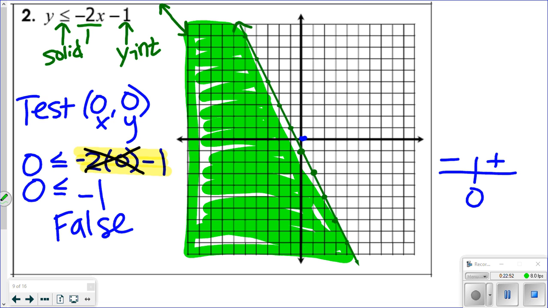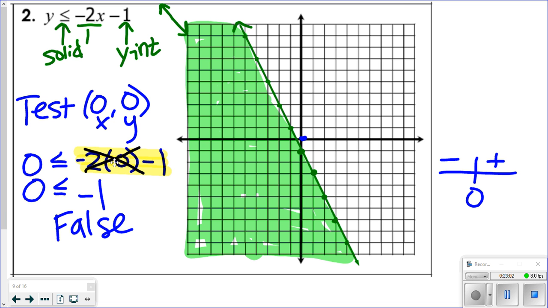Away from your 0, 0. Because 0, 0 is not an answer, so it's not in our shaded area. We will finish this worksheet together later. So we're going to stop right here with question 2.